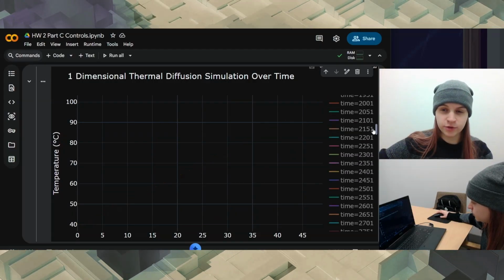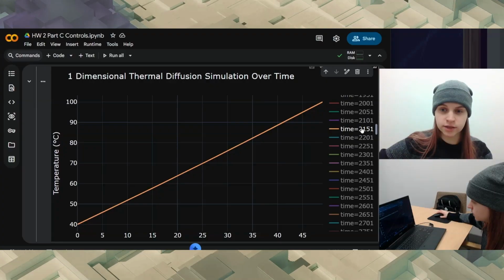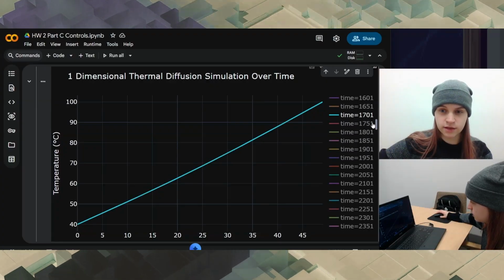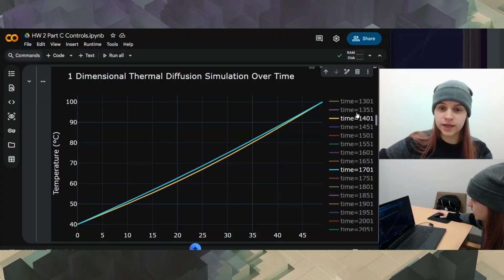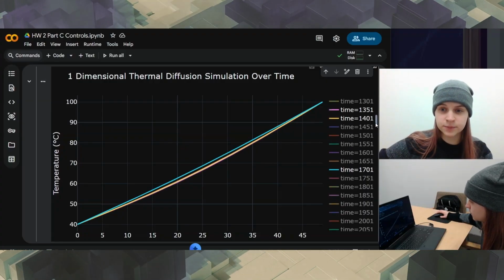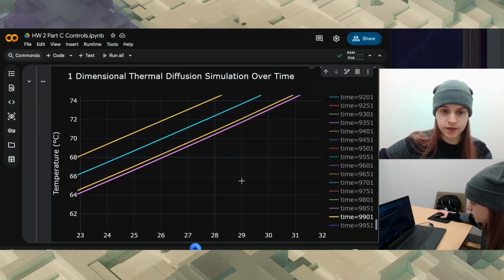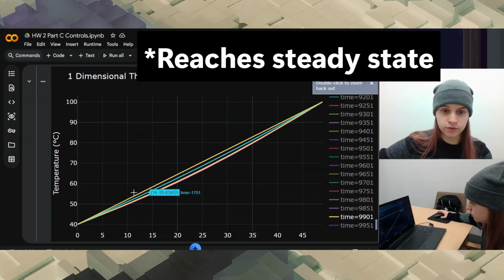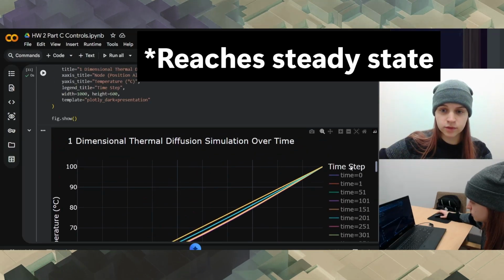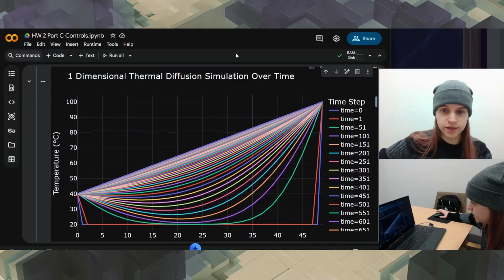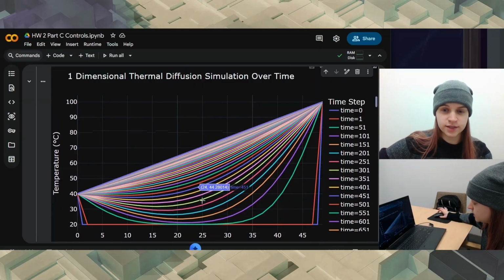And let me try to find more of an in-between. It seems like there's a little bit of a bend. Okay, there's some bends in that one. But once you get to this final time, it's completely straight and no longer curved. And then you get these beautiful lines.